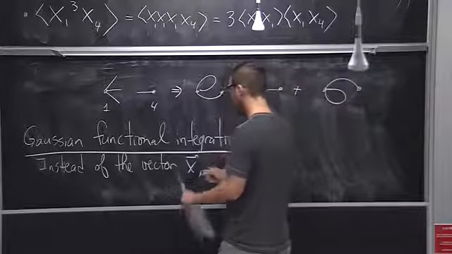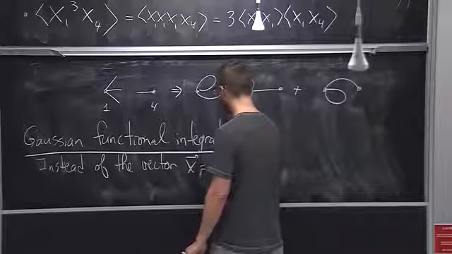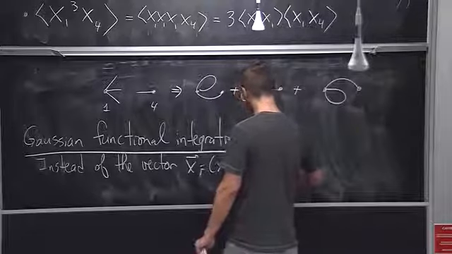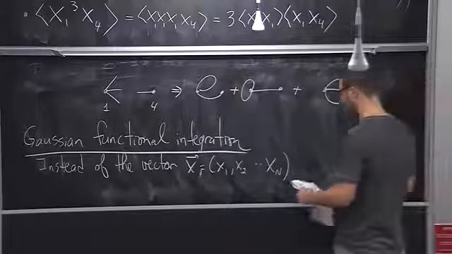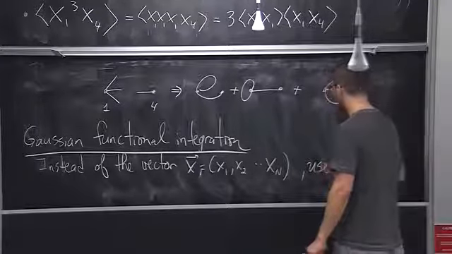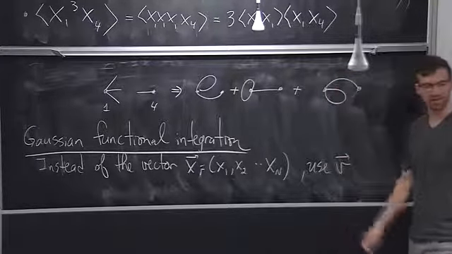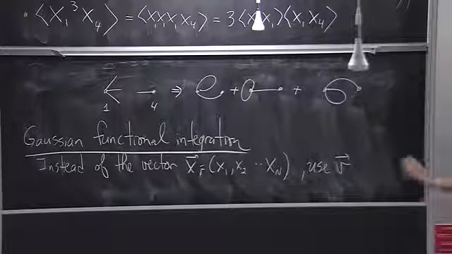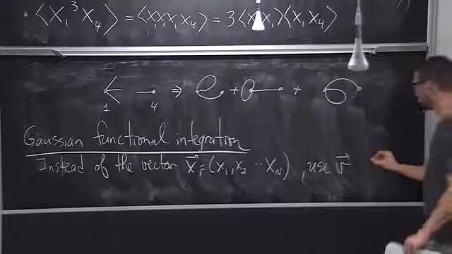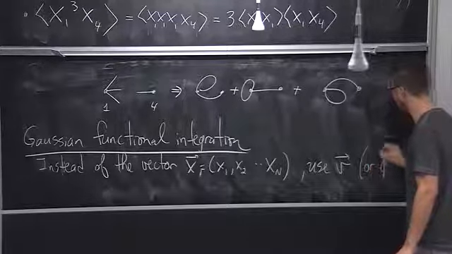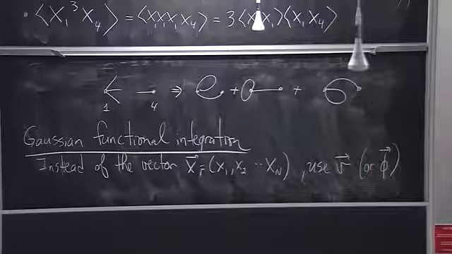So instead of x with indices, remember this was like x1, x2, x big N. I should have never used x. That's probably why I used y before. Because what happens in the field is x, the vector, I'm going to call it v, just to keep it general, or you could call it phi if you really want to go right to the field theory.